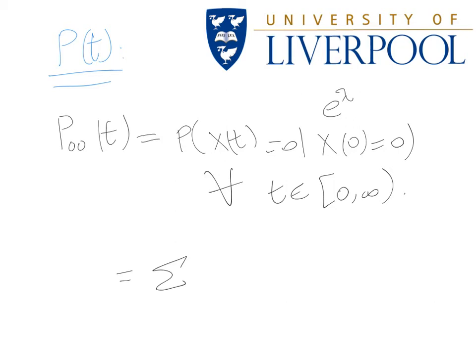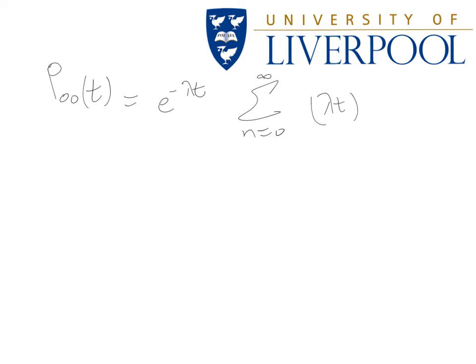the sum of n equals 0 to infinity. We have that P00(t) equals e to the minus lambda t, then the sum from n equals 0 to infinity of (lambda t) to the 2n over (2n)!, the sum being defined as (e to the lambda t plus e to the minus lambda t) over 2.